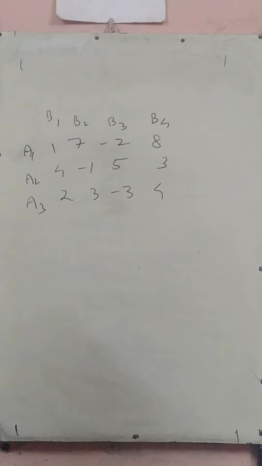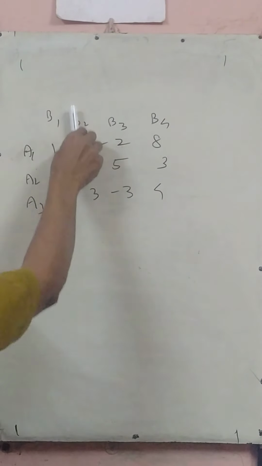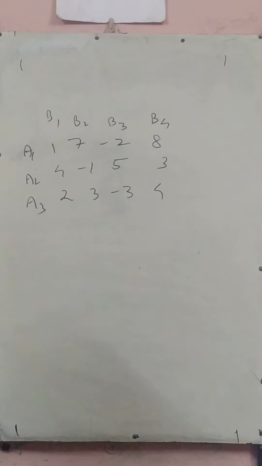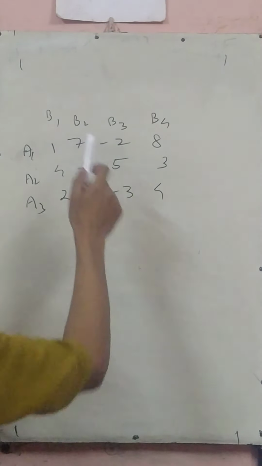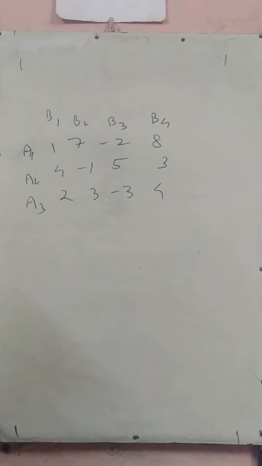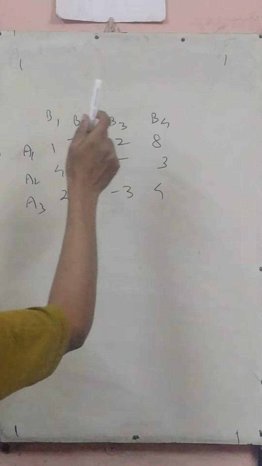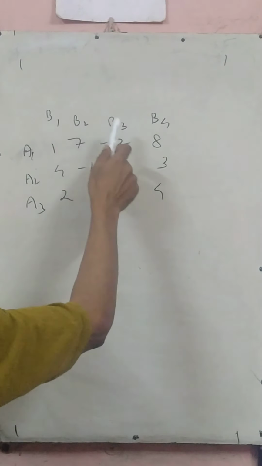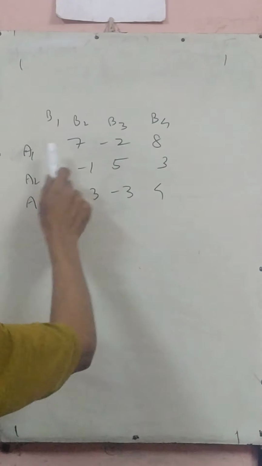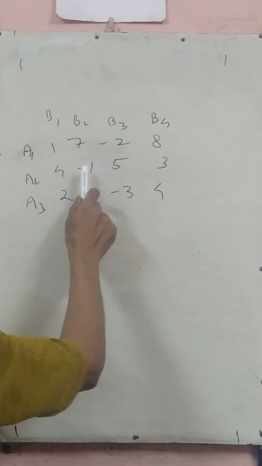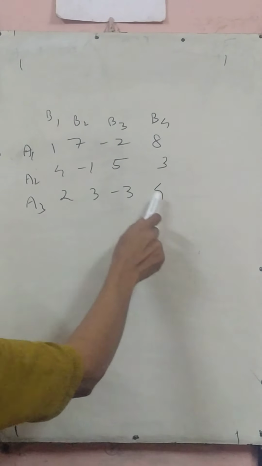What I am finding in this case, if you watch the first column and the second column, column wise, this whole matrix, what we are finding is like 1 is less than -2 is less than this way. Yes, 7 is less than 8, -1 is less than 3 and 3 is less than 4.